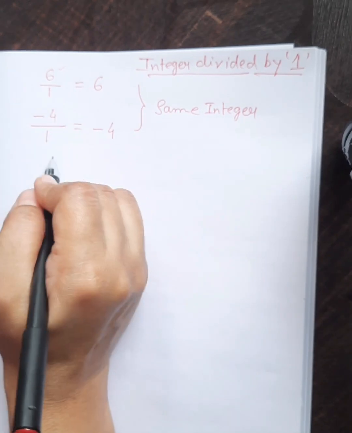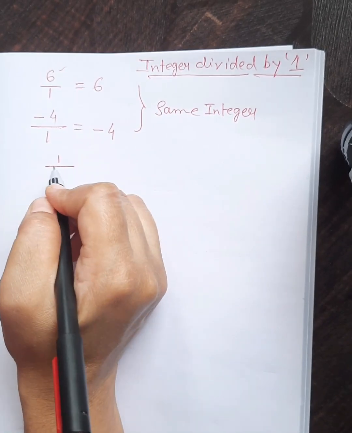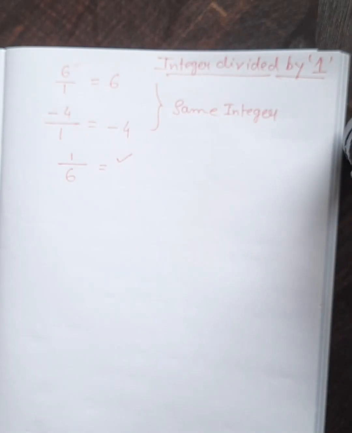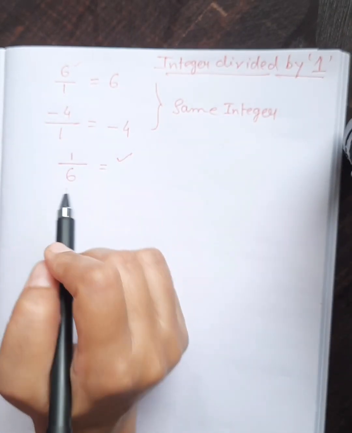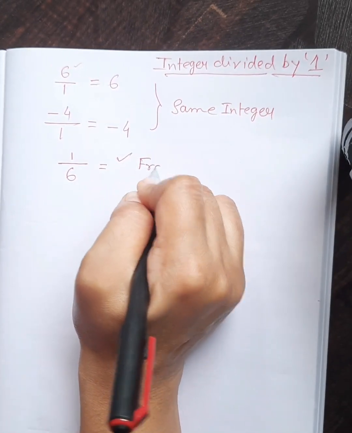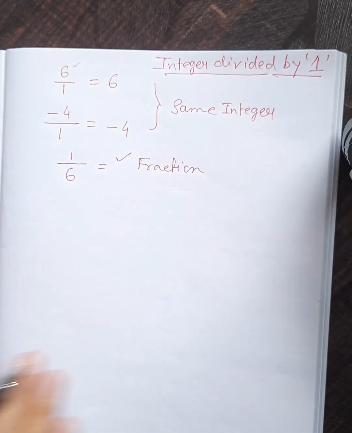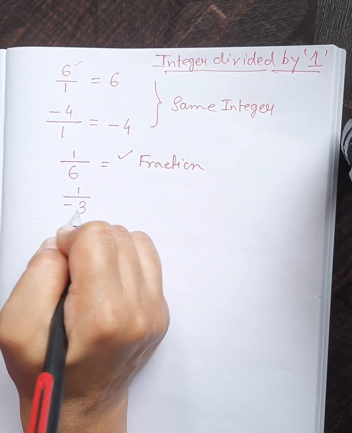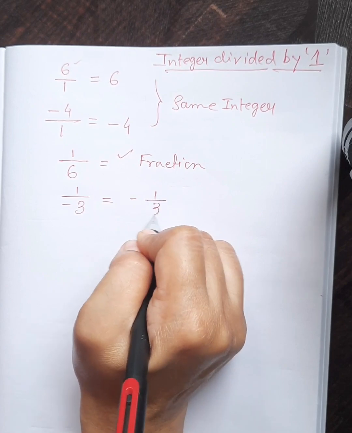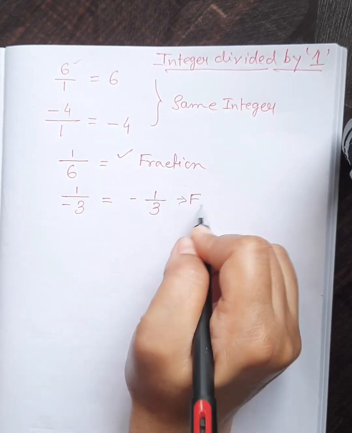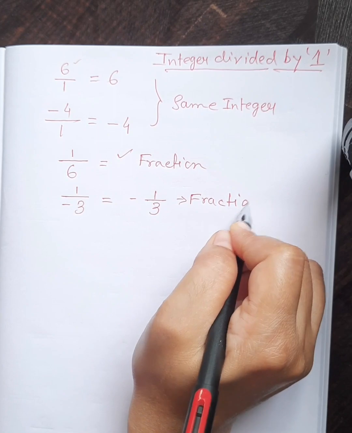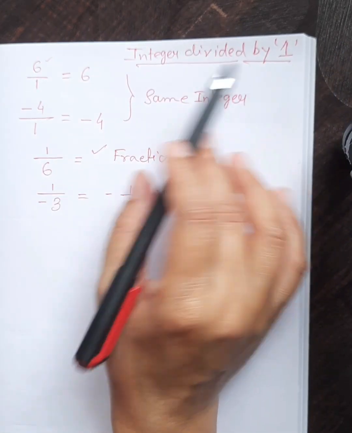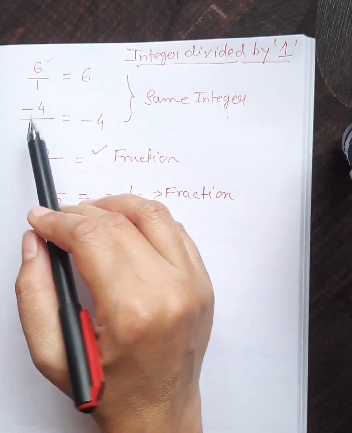Clear? But when 1 by 6, this is a fraction. Okay. 1 by minus 3, the result is minus 1 by 3. This is also a fraction. Okay. So any integer divided by 1, then we get the same integer, positive or negative.